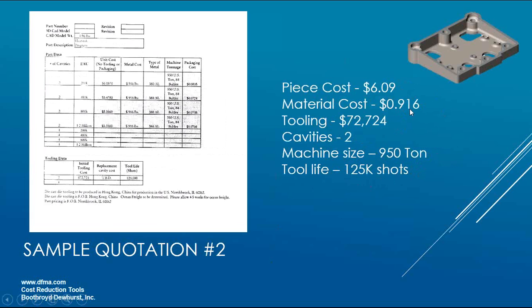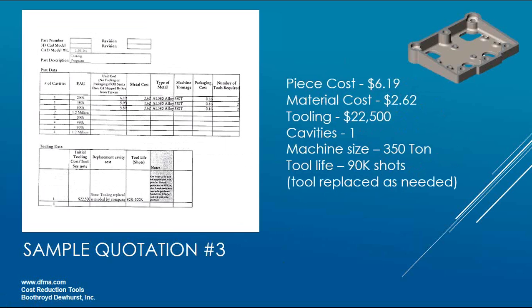They're citing a material cost of 92 cents, a tooling cost of $72,000, a 950-ton press, and 125 shots for the tool life. Quotation number 3, again for the same part here, $6.19, $2.62 as a material cost, $22,500 for a tooling investment, and a tool life of 90,000 shots.